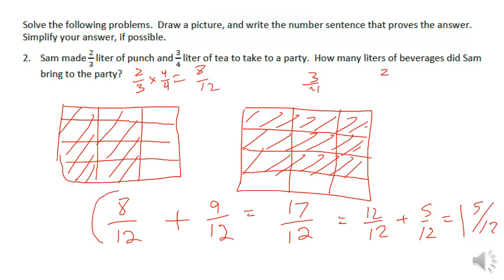And you can see that is what we got here. Now 3/4, and we split that up by thirds, and we end up with 9/12. And that's what we end up down here.